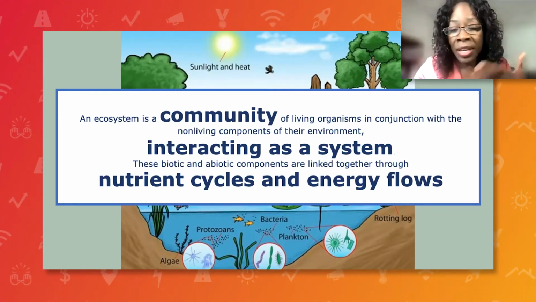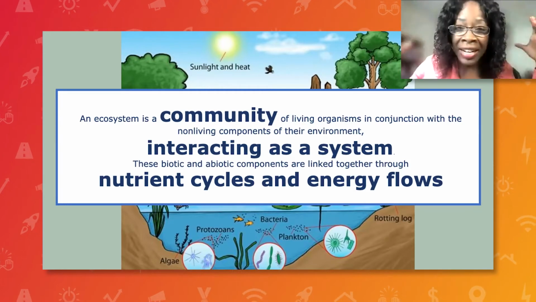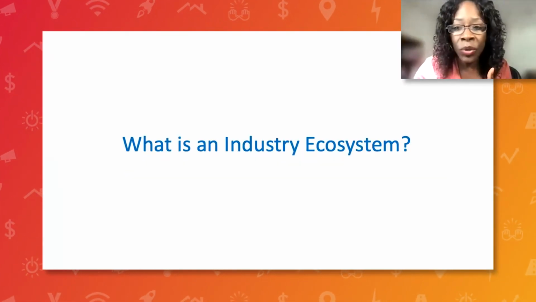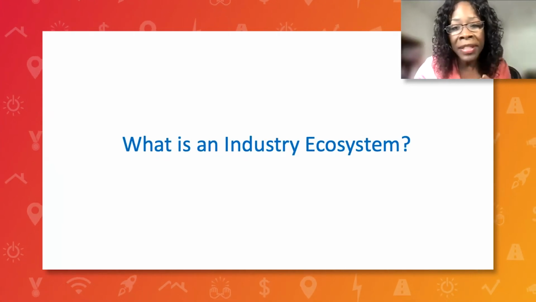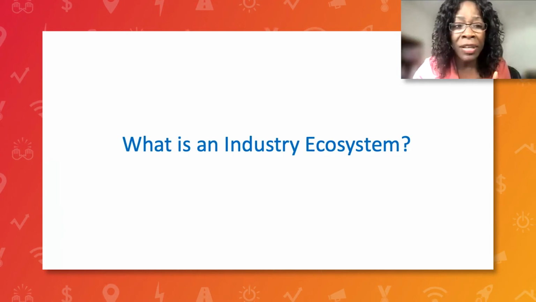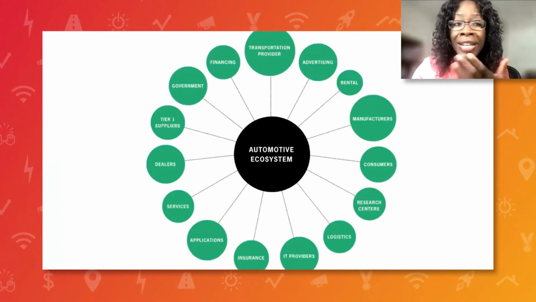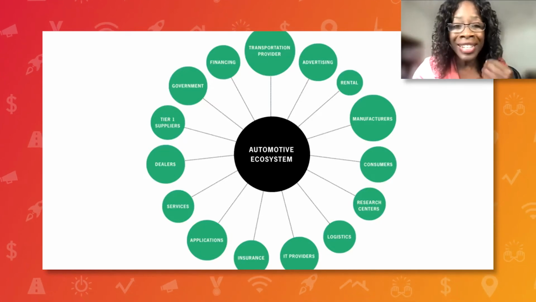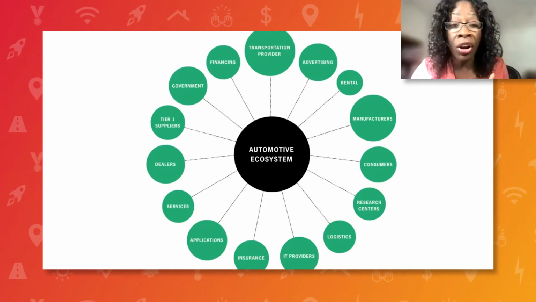This is kind of an analogy. So you think about, okay, what is an industry ecosystem? Keeping that biological system in mind, let's get back to the business world. Let's take the car industry, for example. This industry is complex because it's part of a large ecosystem.